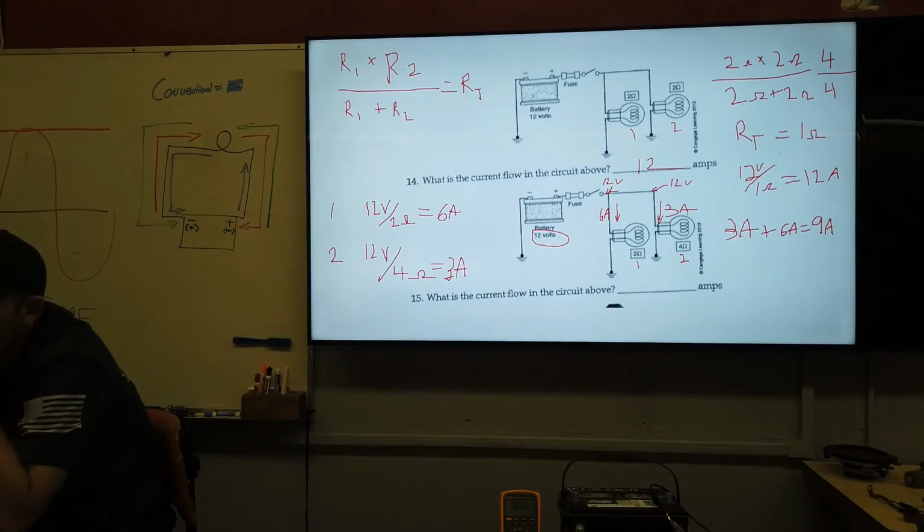This one has lower resistance at 2 ohms, and so more amperage is flowing there. But the combined amperage through this section and then back to the battery over here, and what's leaving the battery here, will be the 9 amps total for both of those legs. 9 amps there, 9 amps here. All right. So 9 amps total here.